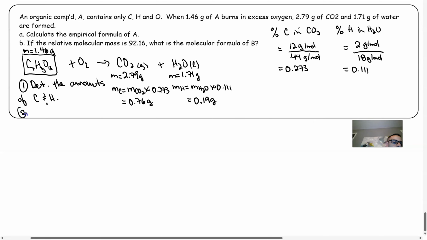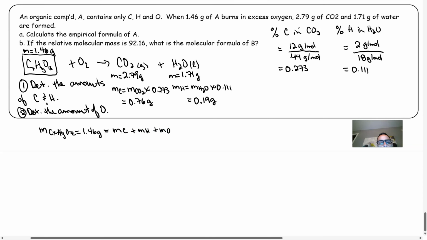So that's my second step. I know that my total sample, the mass of CxHyOz, is going to be equal to 1.46 grams. And that's equal to the mass of carbon plus the mass of hydrogen plus the mass of oxygen.